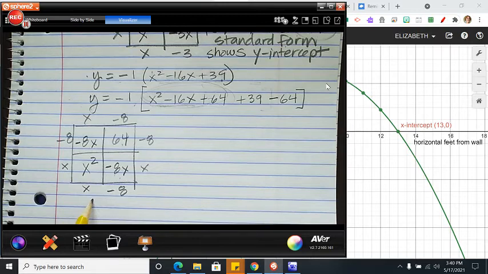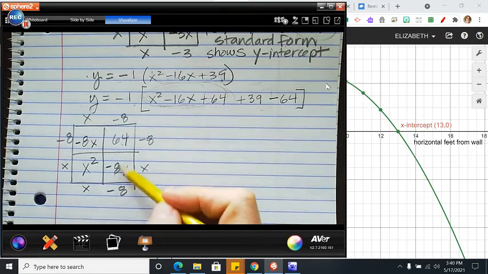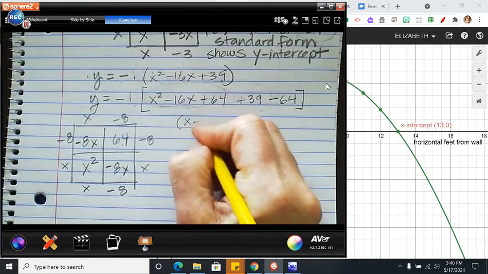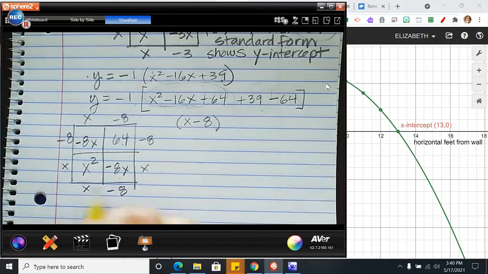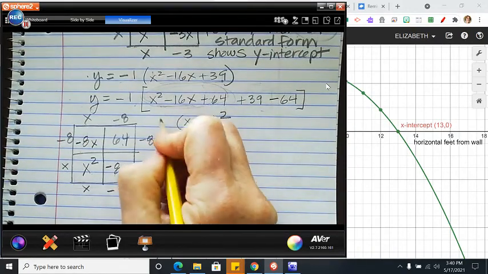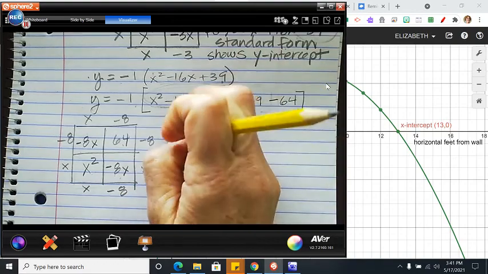Okay, what I did is I made a square, which allows me to say what this is in a different way. So I'm going to rewrite x squared minus 16x plus 64, which is what this is right here, as a product. As a product, it is x minus 8 times x minus 8, which is x minus 8 squared. That negative 1 is just out here in front. You know what?